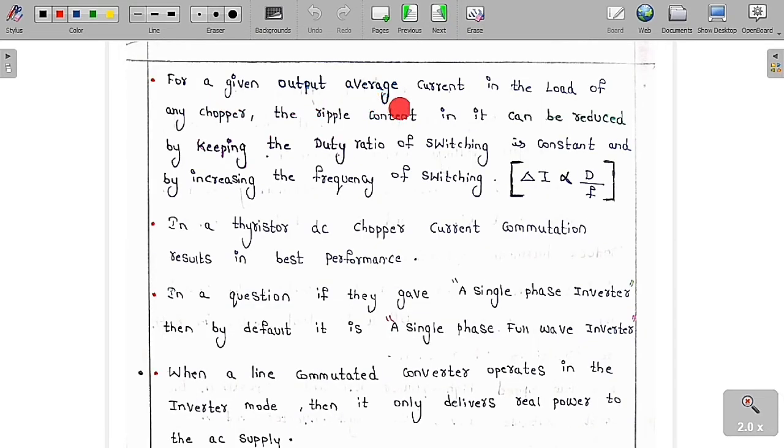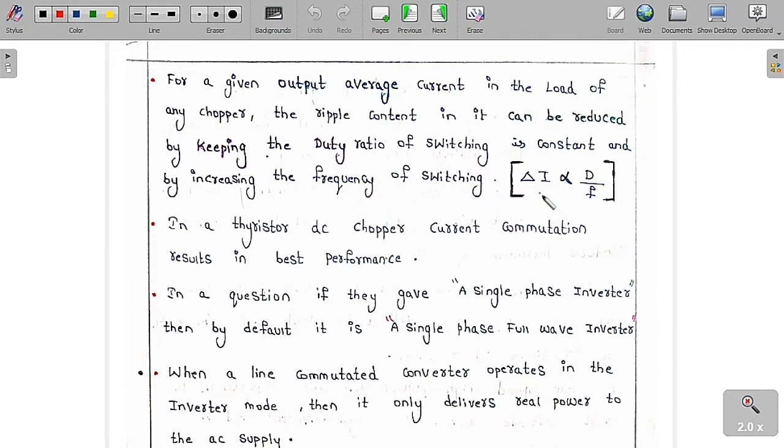For a given output average current in the load of any chopper, the ripple content in it can be reduced by keeping the duty ratio of switching constant and increasing the frequency of switching.